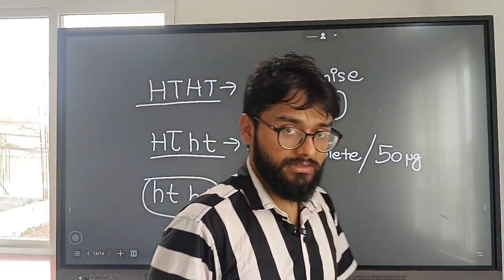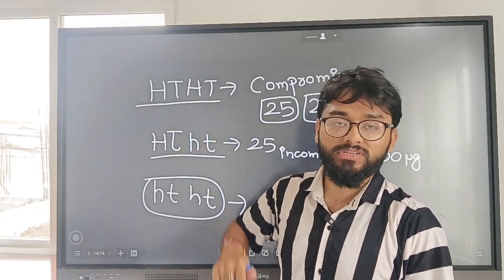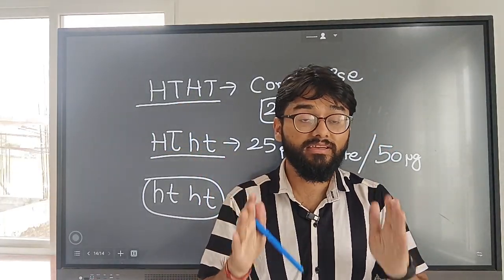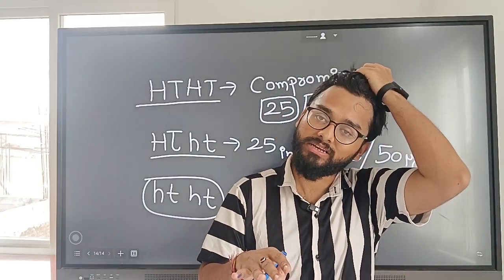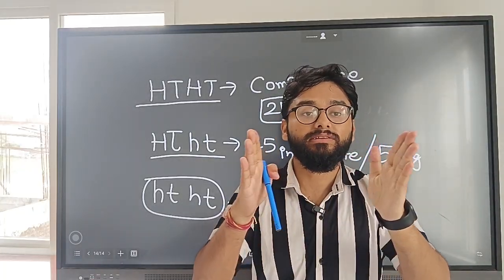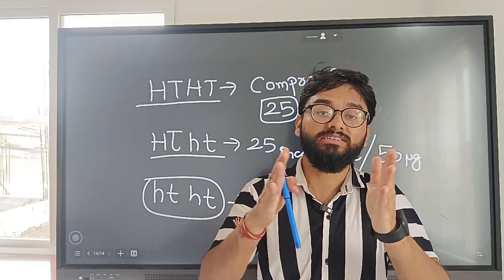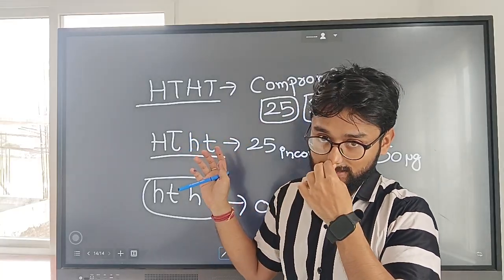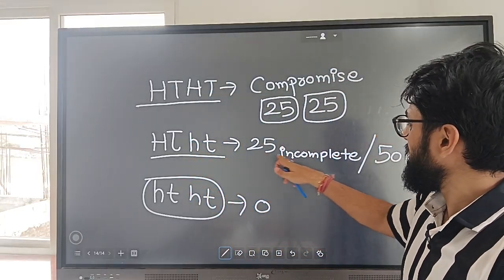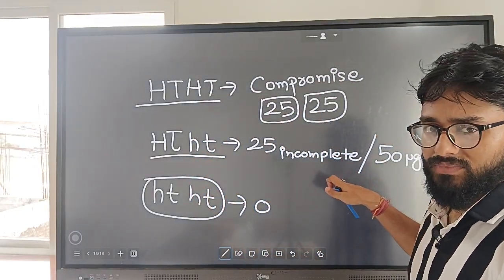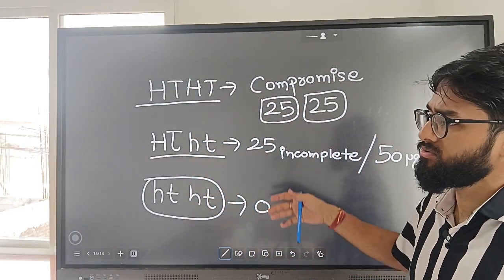In this case, in the homozygous part, they are simply trying to compromise so that the desired outcome is reached. In case of codominance, it is alone able to produce its own complement.